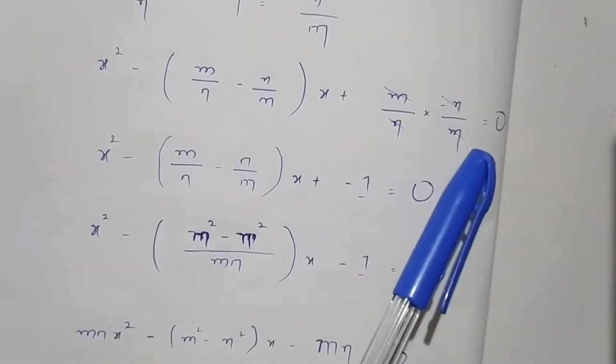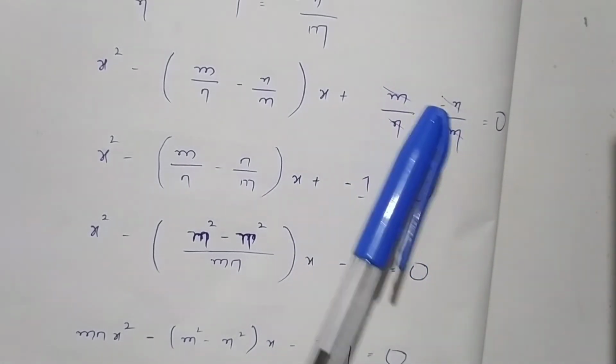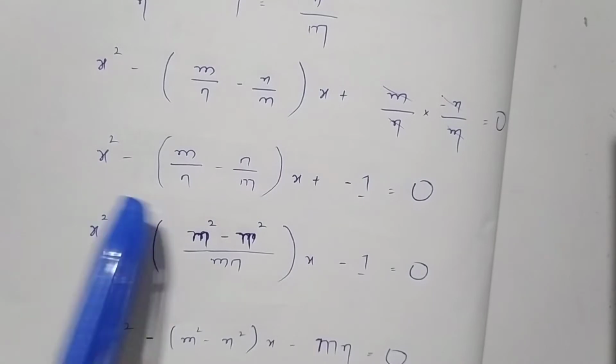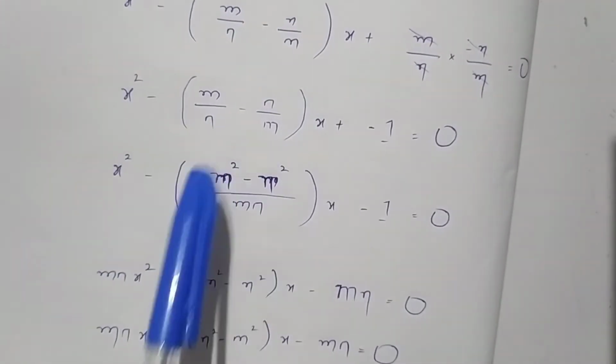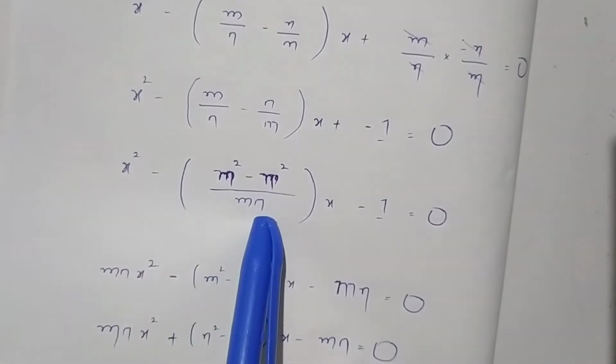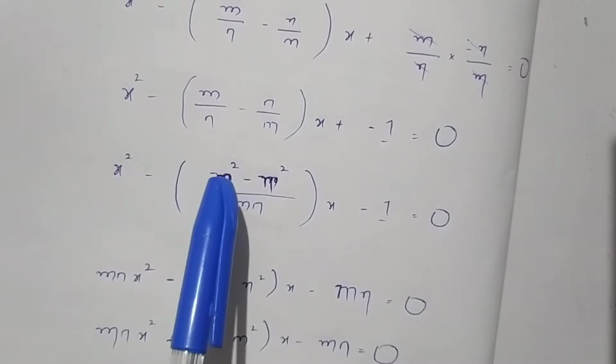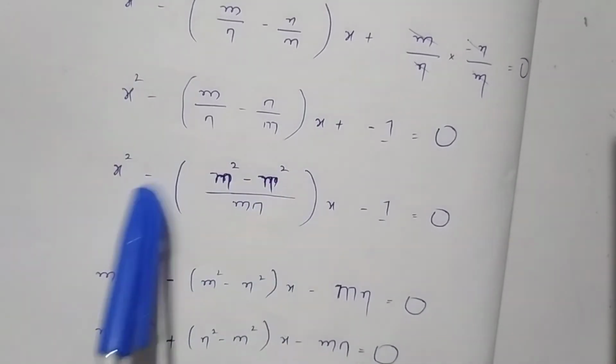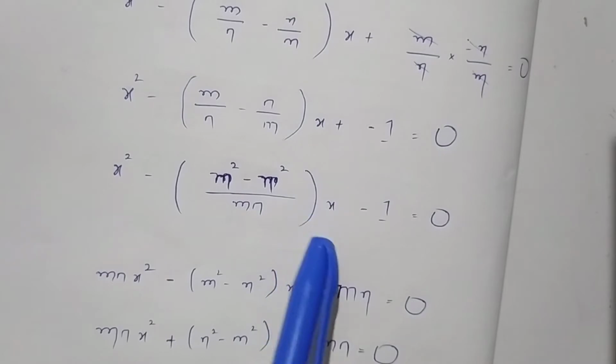On cancelling m and n, we will get minus 1 here, and here we will take the LCM as mn, and the numerators will be n square minus m square, and this will be multiplied with x.